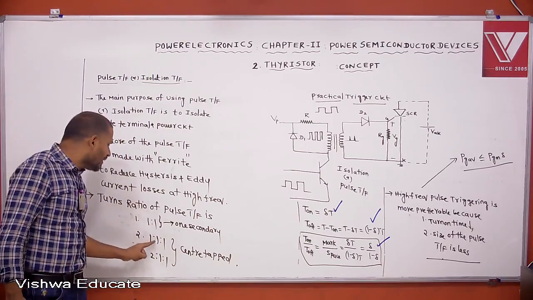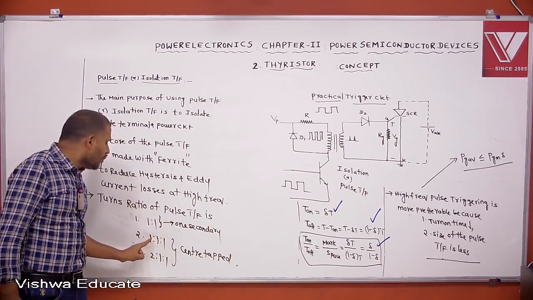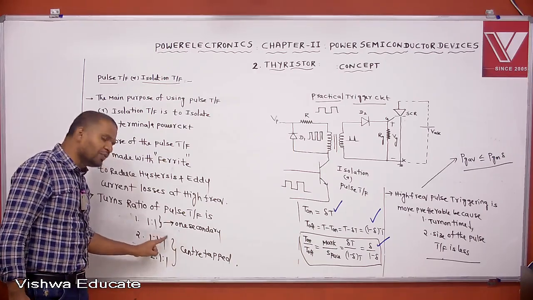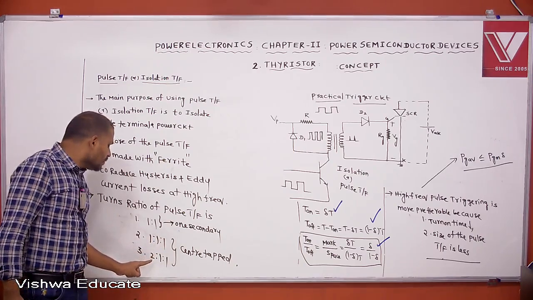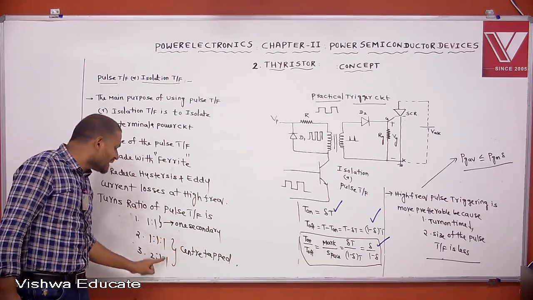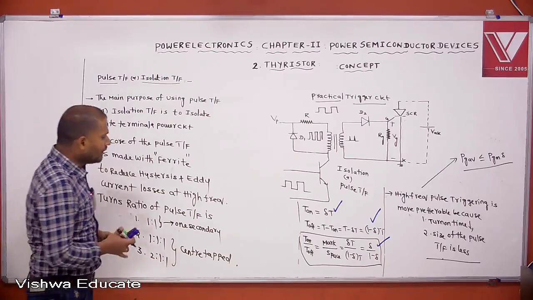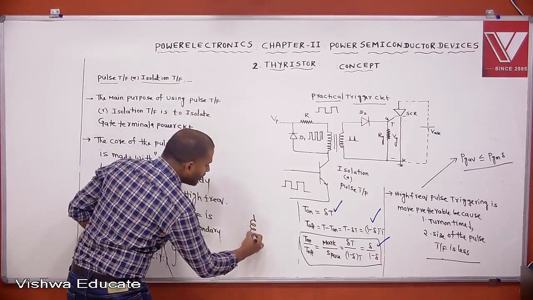We define 1:1:1 when, for one primary, at a time only one secondary is operated. We define 2:1:1 when, for one primary, two secondaries are connected at the same time. That is the center tapped arrangement.